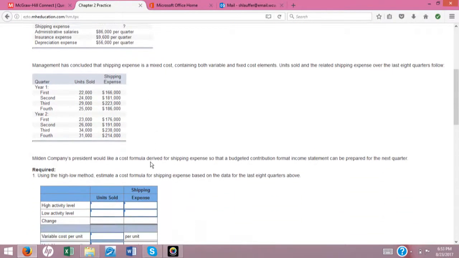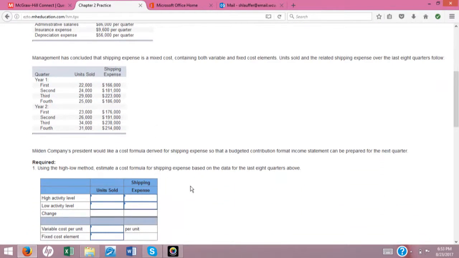So the first thing we need to do is use the high-low method to estimate a cost formula for shipping expense based on the data from the last 8 quarters. So to do that, we're going to go back up to this chart here, and we're going to identify the high and the low amounts, and we're going to use that to calculate our shipping expense.